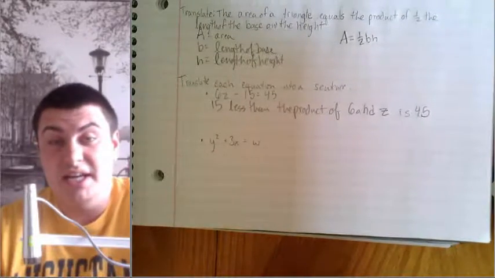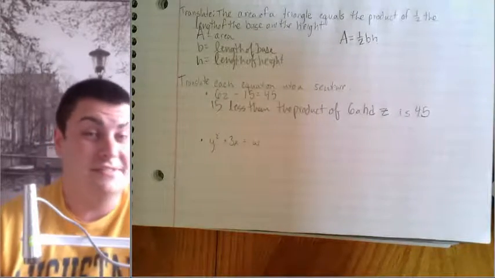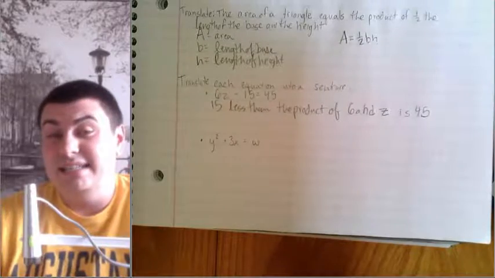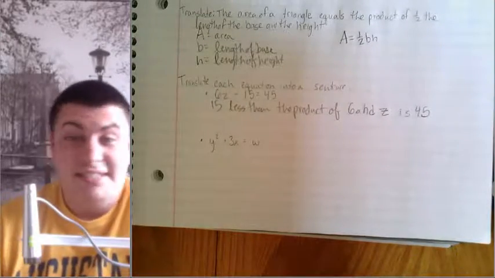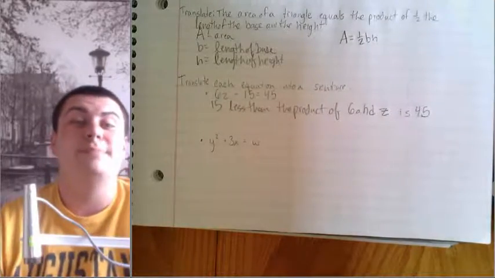We could have said the product of 6 and z minus 15 equals 45. We could have said the difference of 6 times z and 15 equals 45. Endless possibilities.